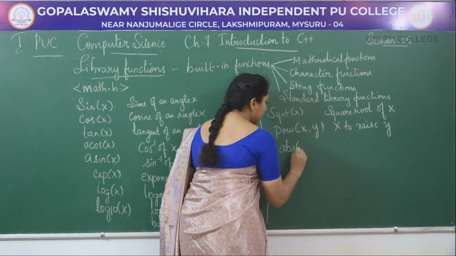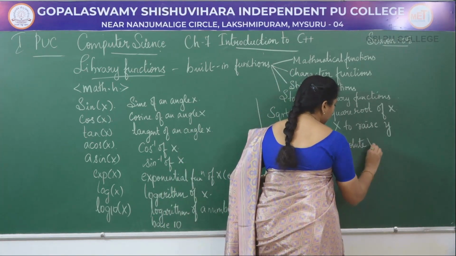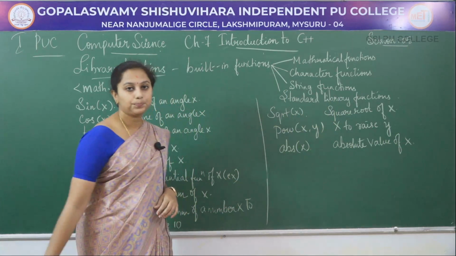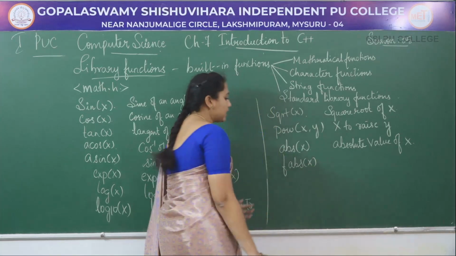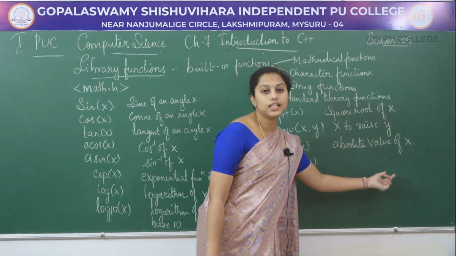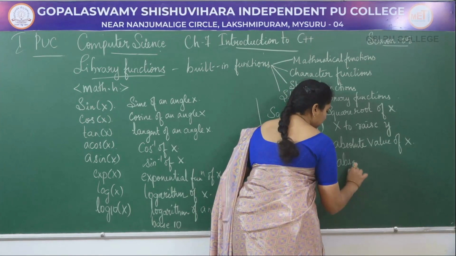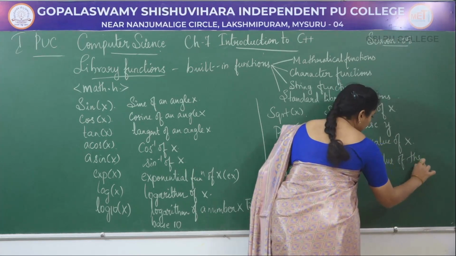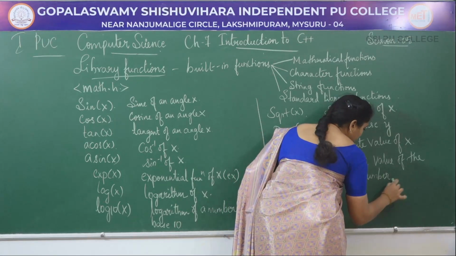Next is the absolute function. abs of x is used to find the absolute value of the real number x.